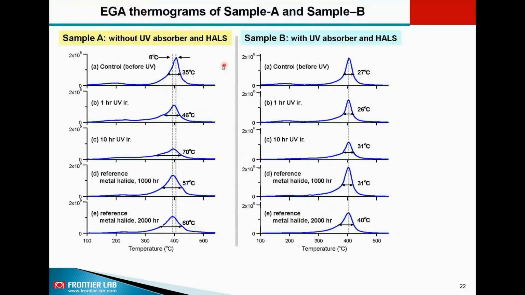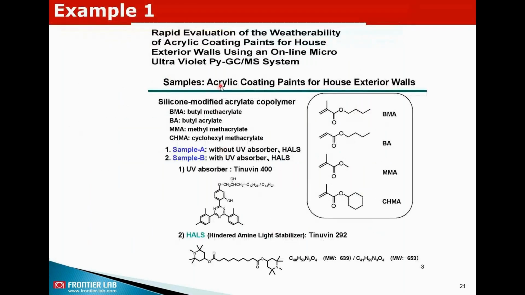So here we have taken two types of sample. Okay, one is just the acrylic coating paint without any UV absorber and light stabilizer, and another one by blending in these two, UV absorber and light stabilizer.